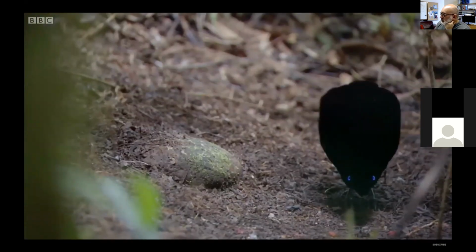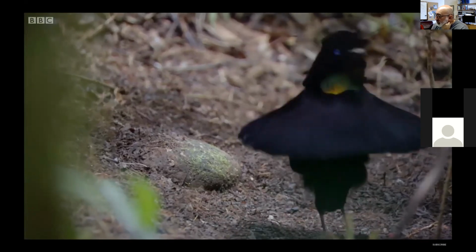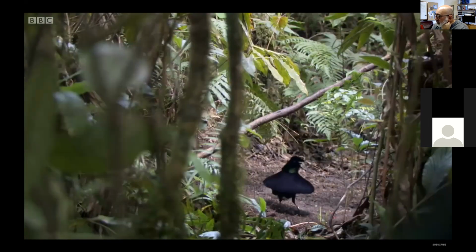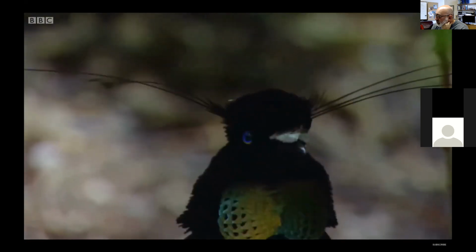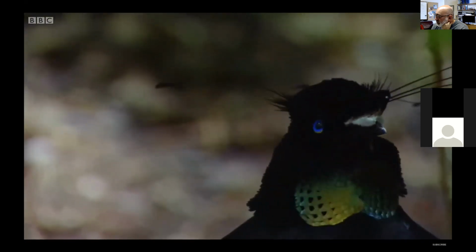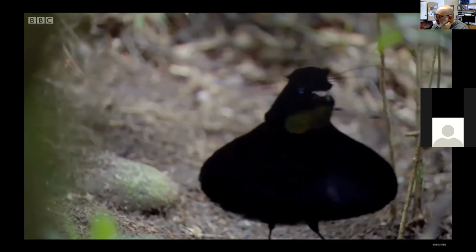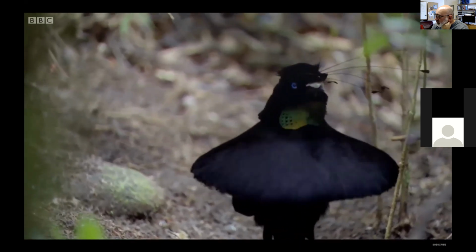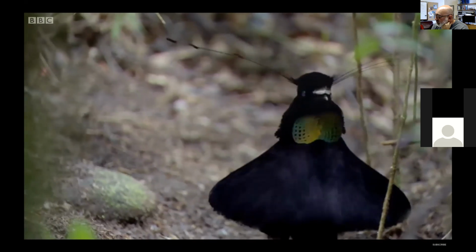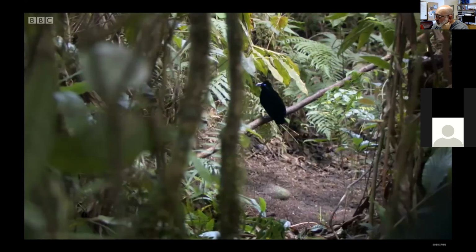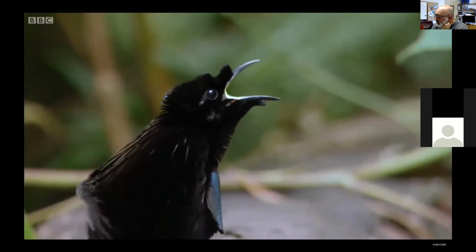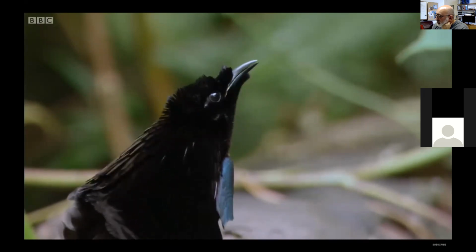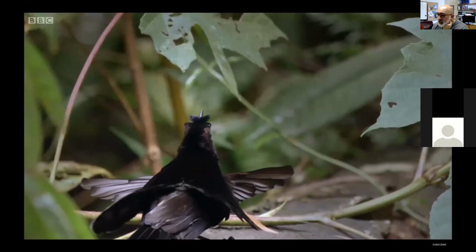All is ready. Very impressive, but no one is watching. The superb bird of paradise calls to attract the female, and he has more luck.